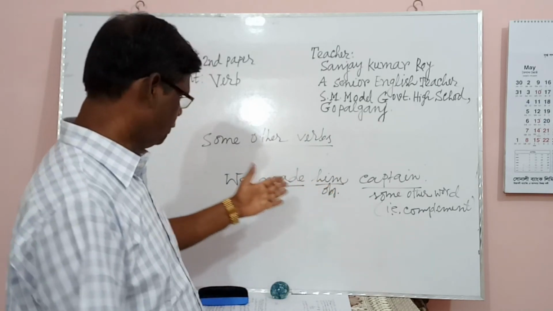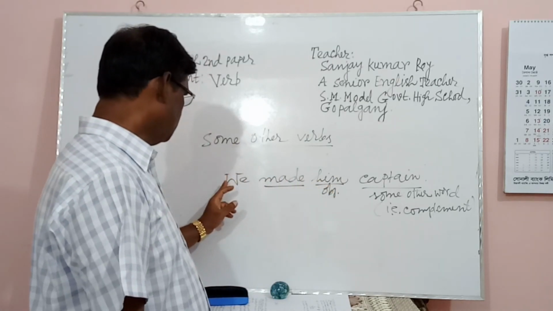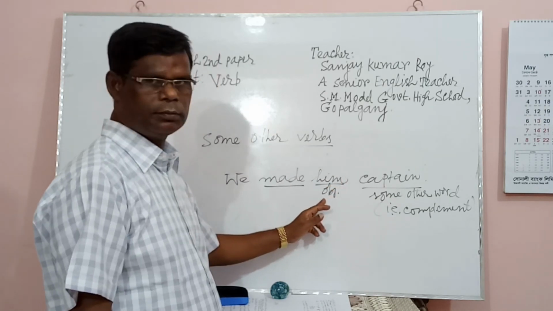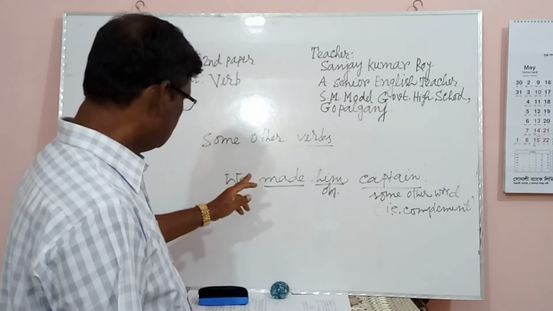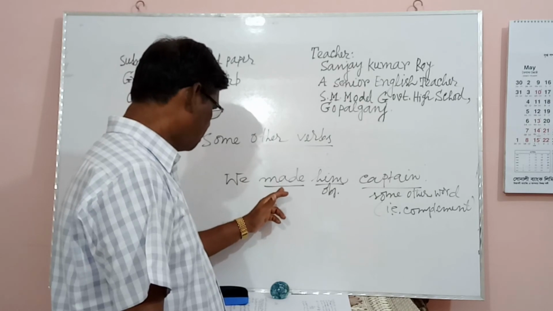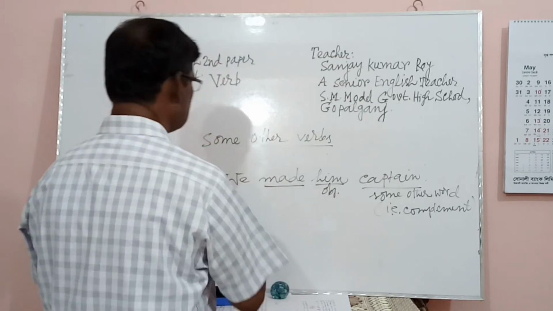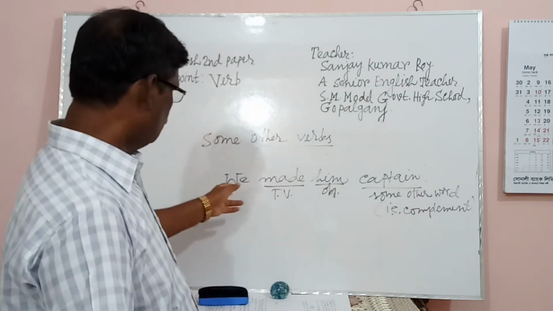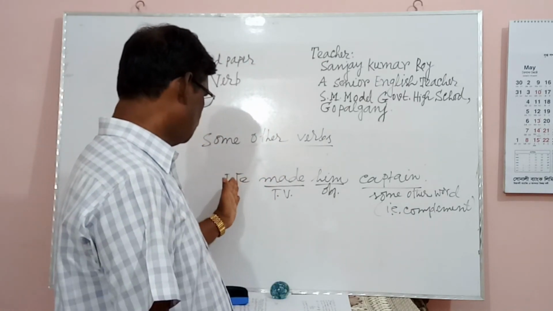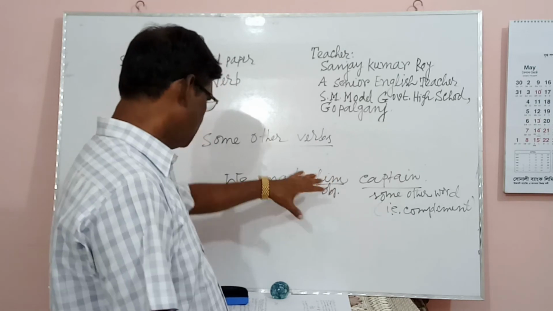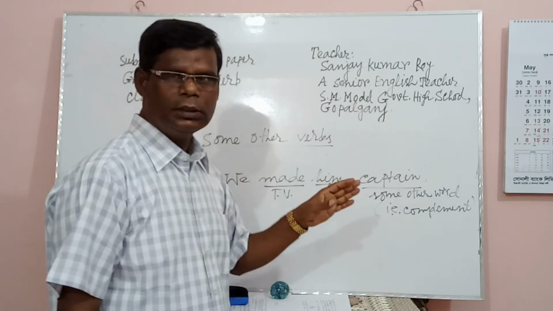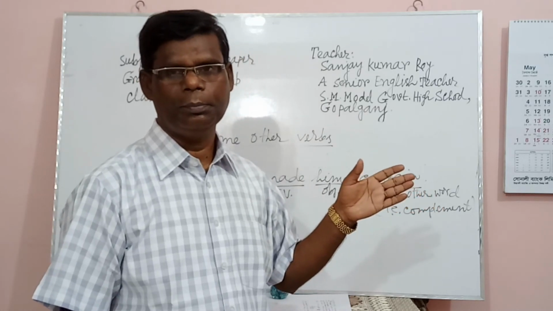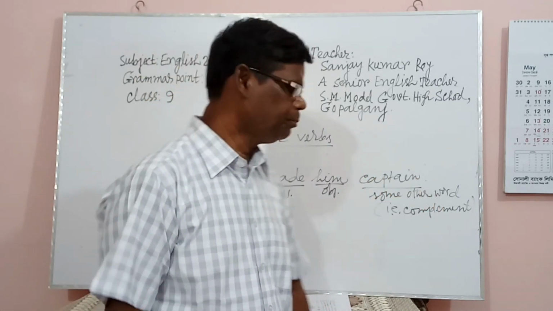Here in the example, we see that we made him captain. Here him is the object. That is, this verb has an object, so this is a transitive verb. We made him: this cannot make the sense complete.